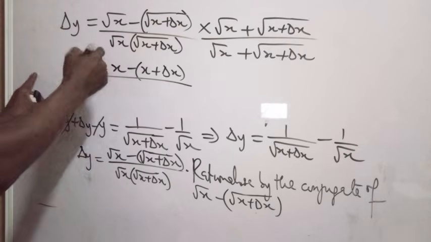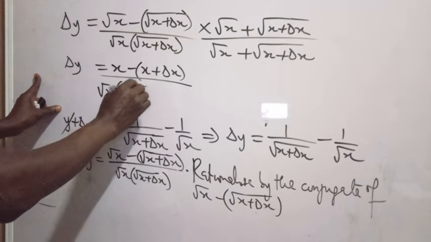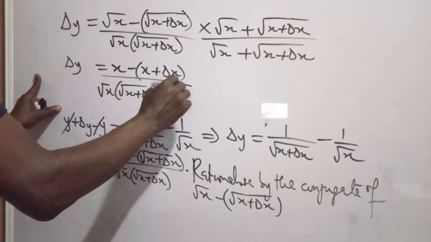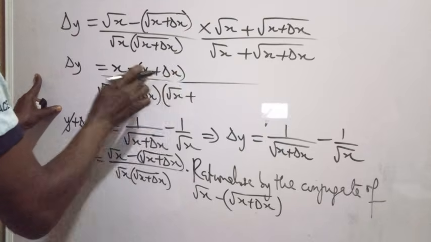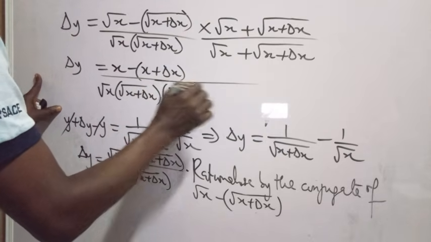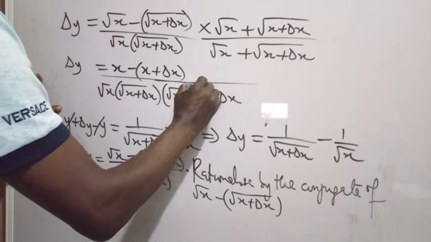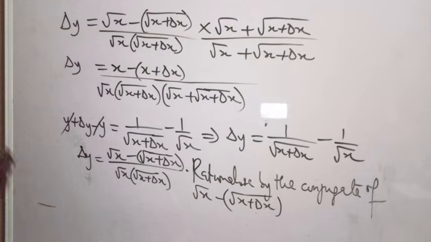Now you write this: root x into root of x plus delta x, times the bracket root x plus root of x plus delta x. Good, because that is how you open the bracket.